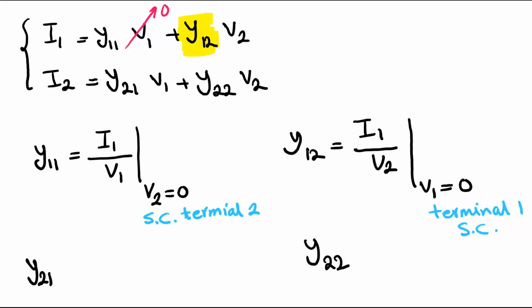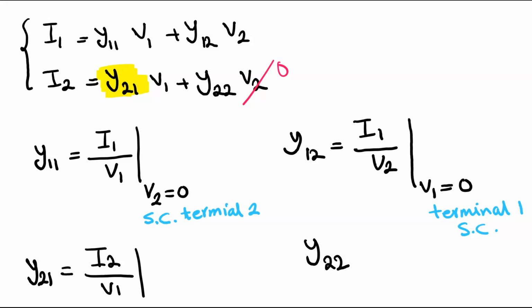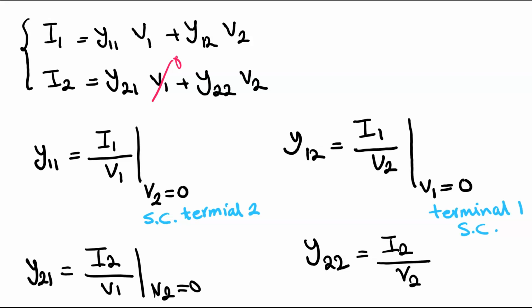Let's go to the other two parameter. So for Y21, I have to make V2 equal to 0, and then I can say that my constant is equal to I2 divided by V1 when V2 is equal to 0. And for Y22, I have to make V1 equal to 0, so then I can describe my constant for V2 as I2 divided by V2 when V1 is equal to 0.